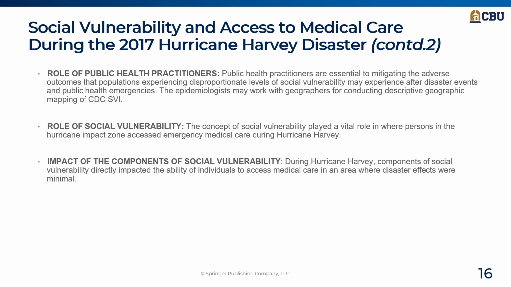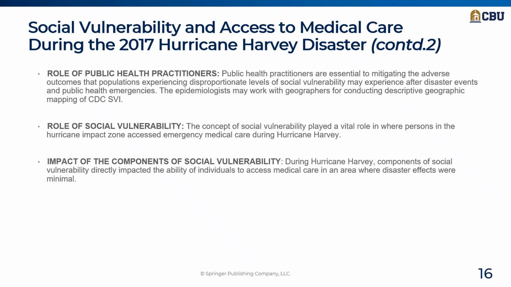GIS mapping revealed clear spatial clustering of care seeking near Houston. Near Houston, we used GIS maps to identify where people were seeking care. This helped highlight unequal access patterns.